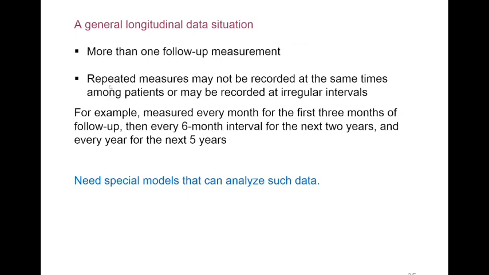But in some other studies, repeated measures may not be recorded at the same times among subjects, and may be recorded at irregular intervals. For example, measure every month for the first 3 months of follow-up, then every 6 months for the next 2 years, and every year for the next 5 years. We need special methods that can analyze such data, and we're going to cover this in the next 3 classes.